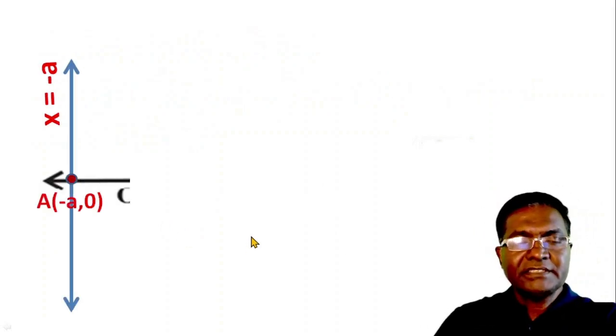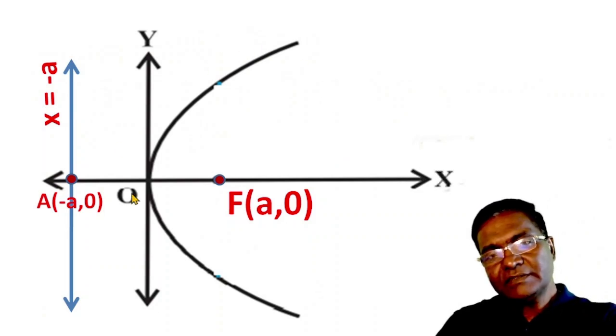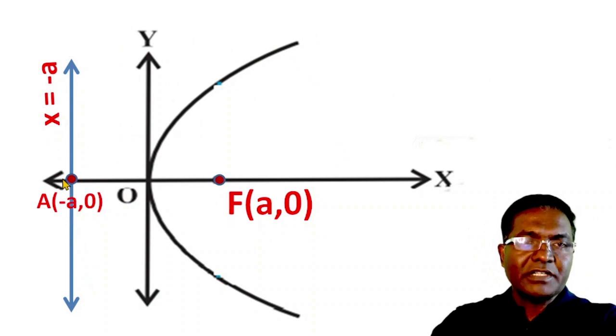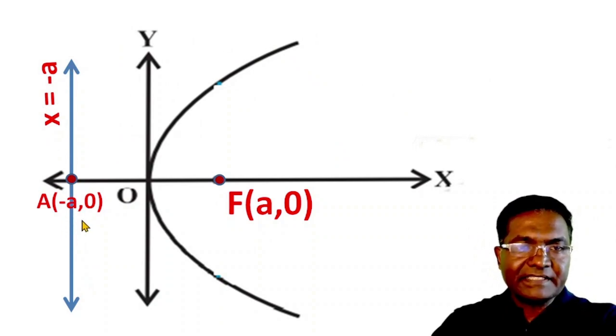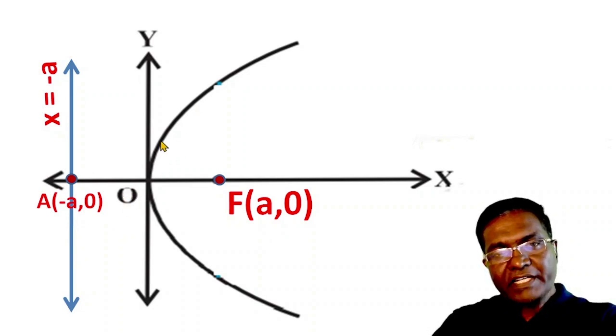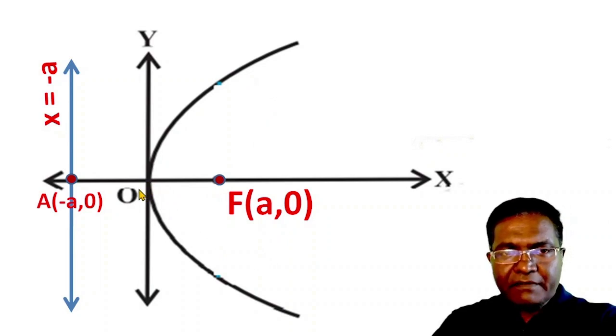So consider a parabola with directrix x equals minus a. The directrix passes through the point minus a comma 0, the vertex is at the origin, and the focus is at a comma 0. As I mentioned, by the definition of parabola, OF is equal to OA.